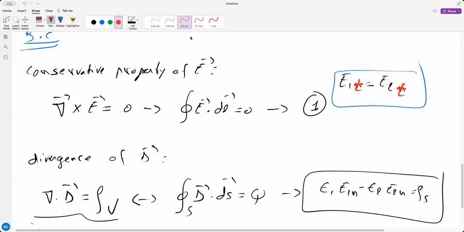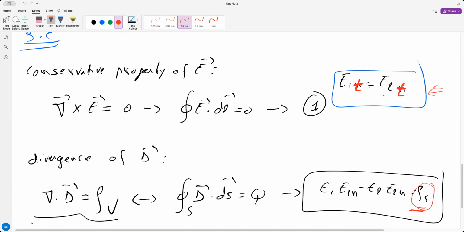Right, chat? So the tangential components are equal. The normal, because you are crossing, you are moving from one medium to another medium, so it is perpendicular to the surface, and you have to take into account surface charge density. But the tangential, no, they are equal.